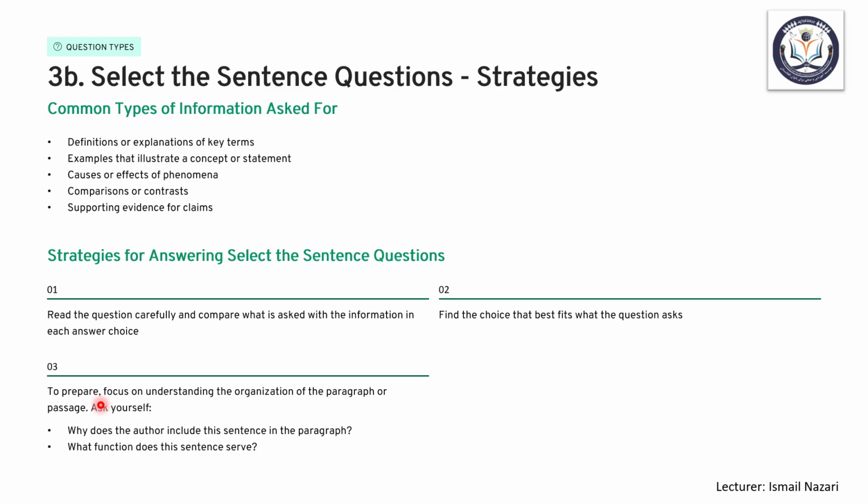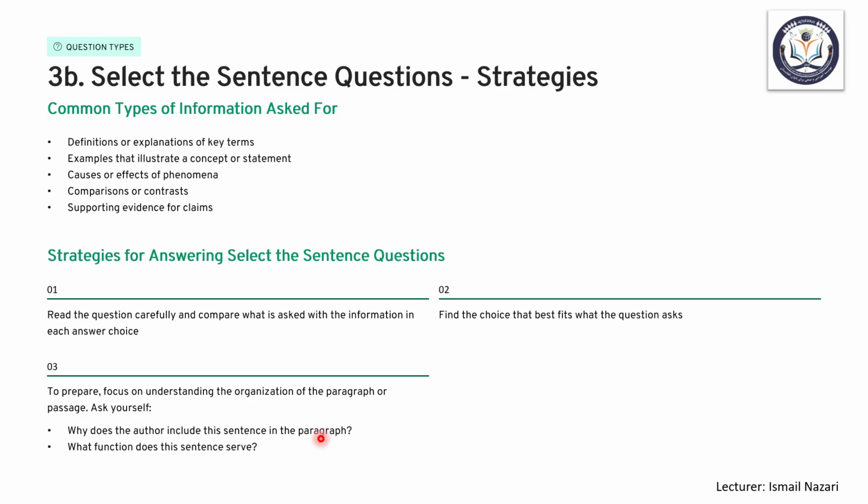In order to understand the organization, we may ask ourselves these two important questions. Why does the author include this sentence in the paragraph? Is it an elaboration? Is it an illustration to a point?